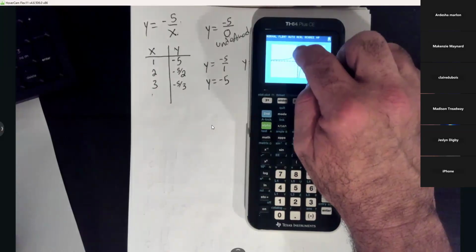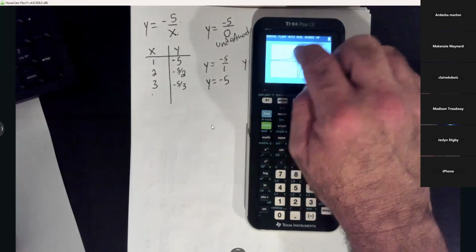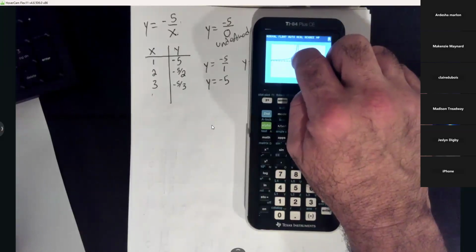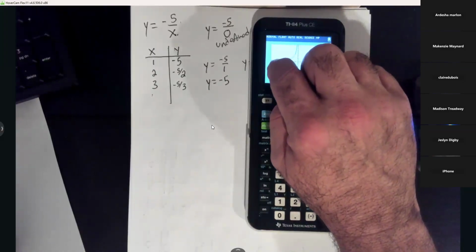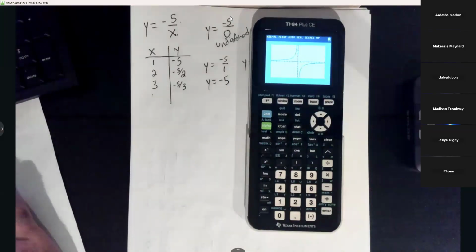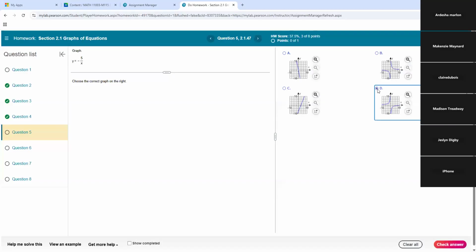And then see these negative values are getting smaller and smaller. So it started at -5. And then they're just getting smaller and smaller as you go. So when we looked at the MyMathLab here, we would go with D on that one, okay?